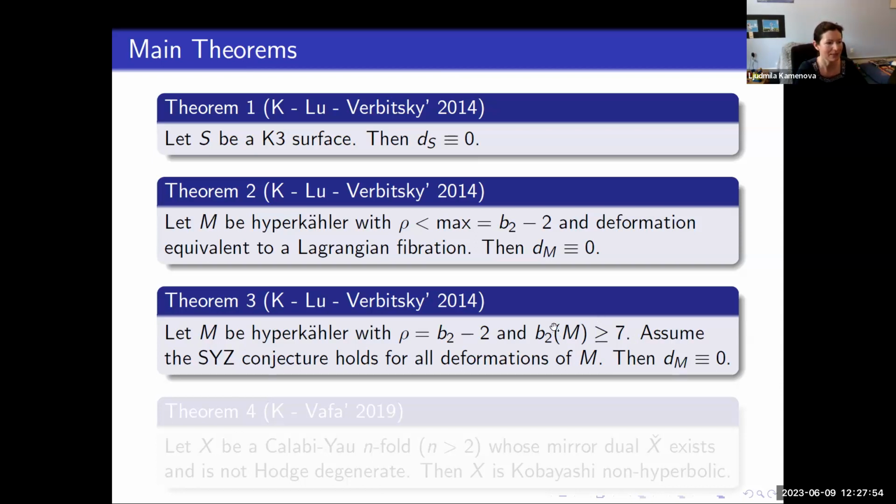Notice that this assumption on the Betti number is not so strict, because all of the known examples of hyperkählers satisfy this condition. So the smallest Betti number that we know is 7, then 8, and it goes up to 24, 25.